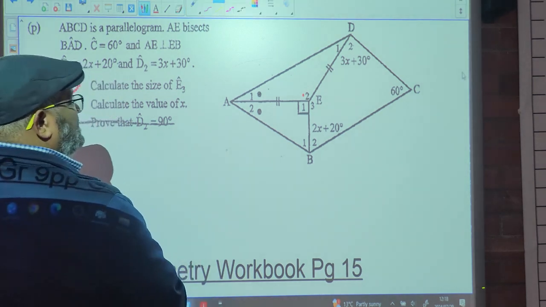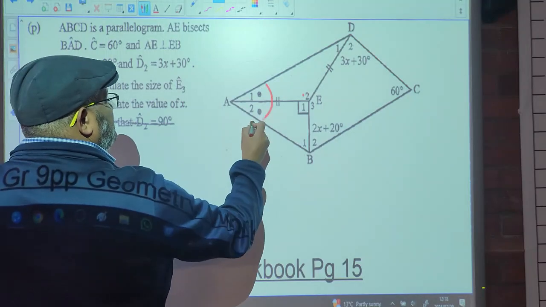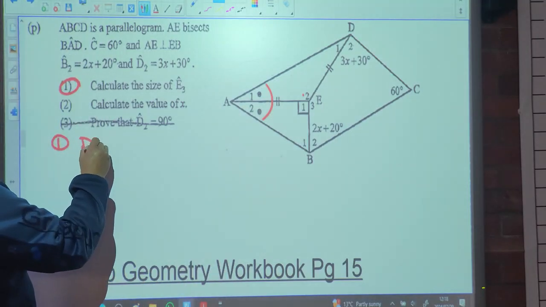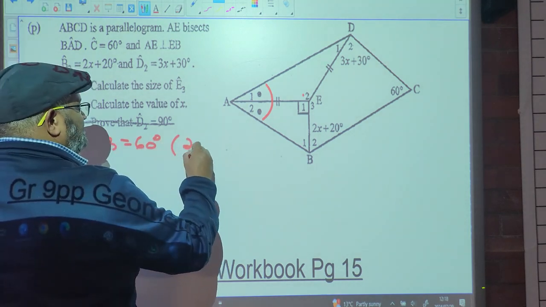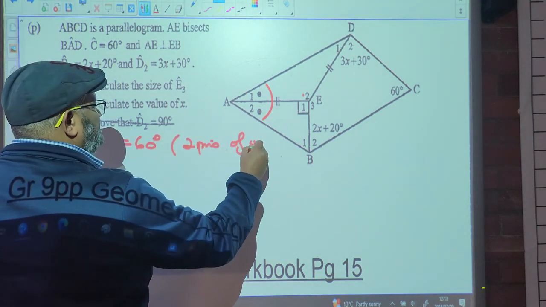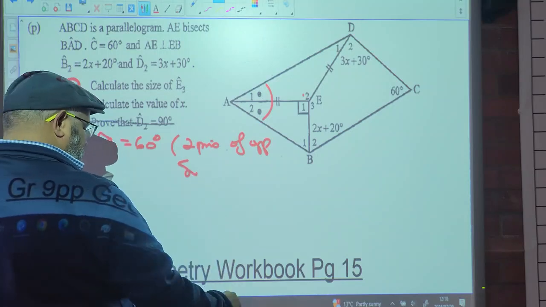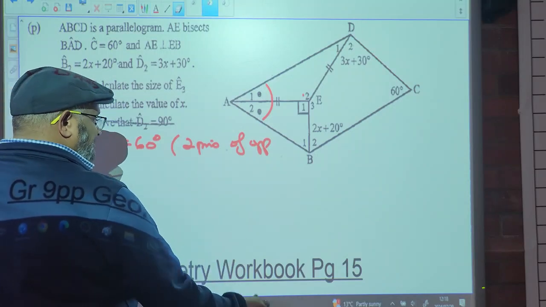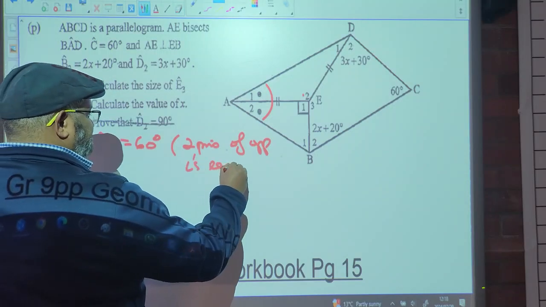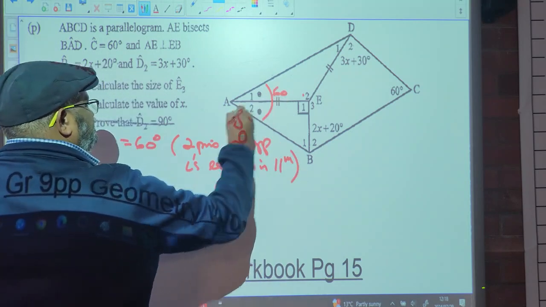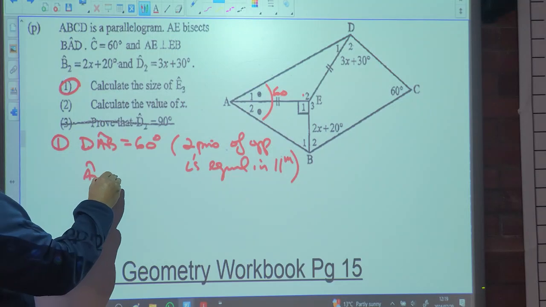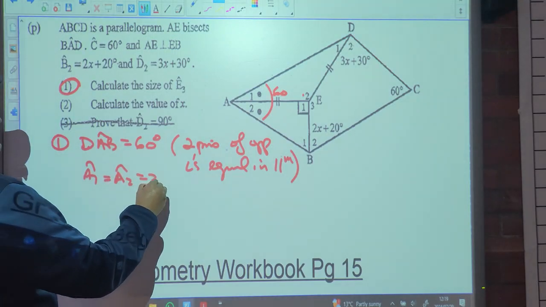Alright, so let's go. We're firstly saying that DAB is equal to 60 degrees. Why? Two pairs of opposite angles are equal in a parallelogram. Then A1 is equal to A2 is equal to 30.